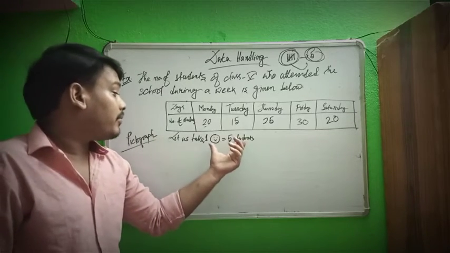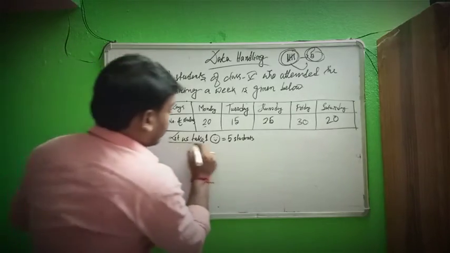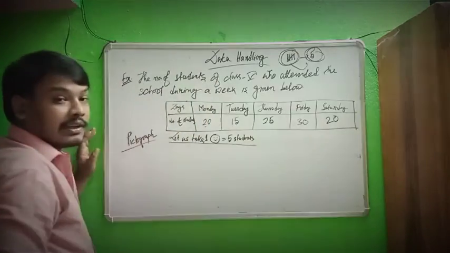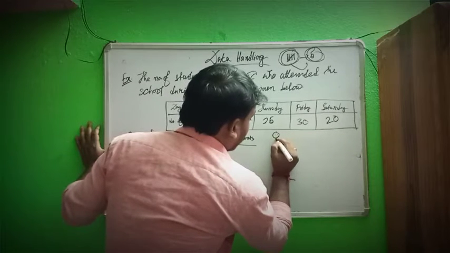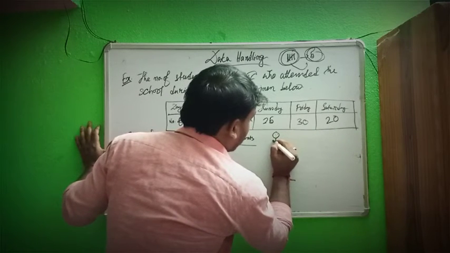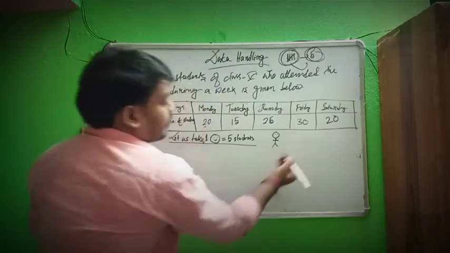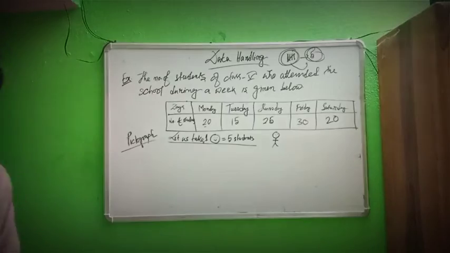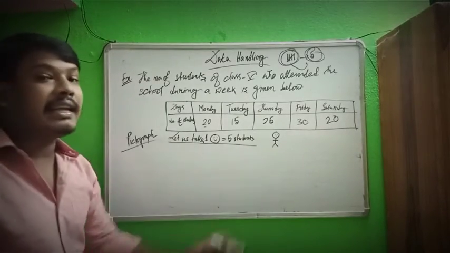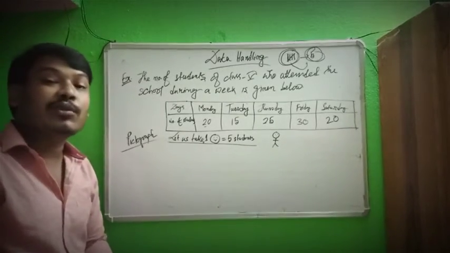So at the first we need to define this line, or you can take it in this way also. This one equals 5, or you can take another picture also. The picture you can take anything. It is your way.